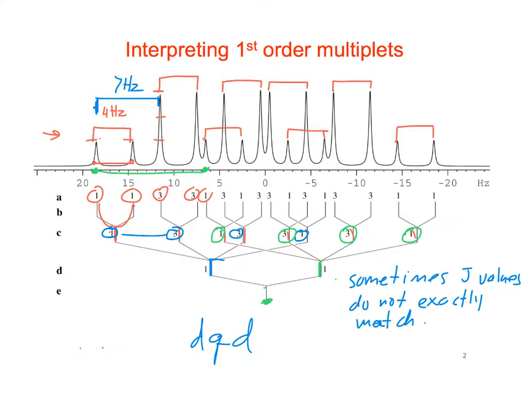So for example, if we just had two doublets that were splitting each other, this J should match this J. But when you measure them off the spectrum, they're a little bit off, right? They're not perfect like you think they should be. So why would that be?